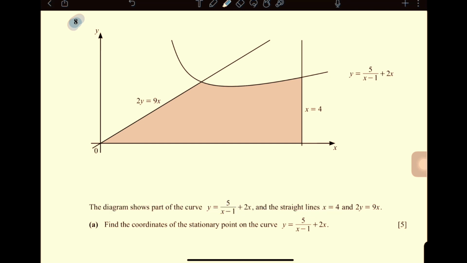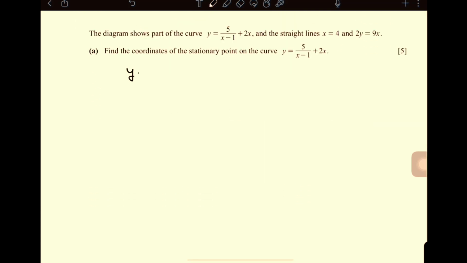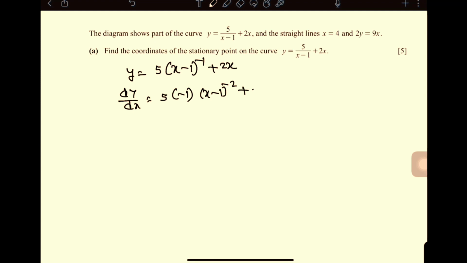We need to first differentiate and set the first derivative equal to 0. Then we will find the value of x. y equals 5(x minus 1) to the power minus 1 plus 2x. So dy/dx equals 5 times minus 1 times (x minus 1) to the power minus 2, plus 2x differentiated, result is 2.